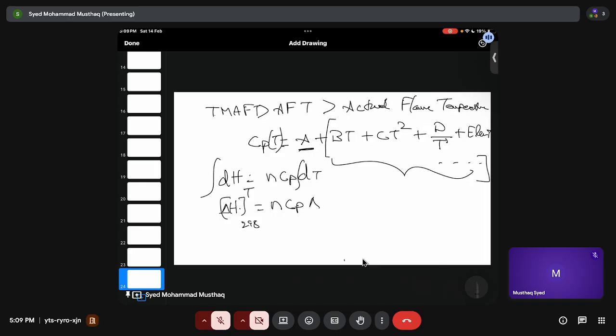Then you will only have delta T, and this delta T is T minus 298 Kelvin, the temperature at which the adiabatic flame temperature is happening, minus 298. If these terms are included, then you cannot avoid it, you painfully have to do the integration.